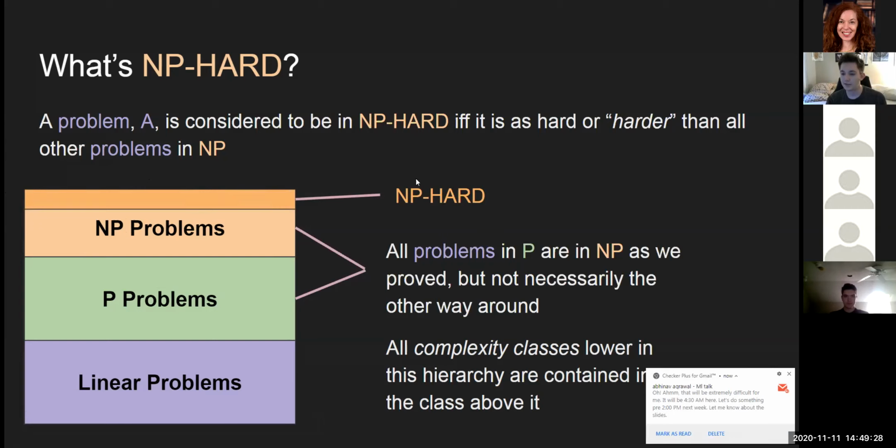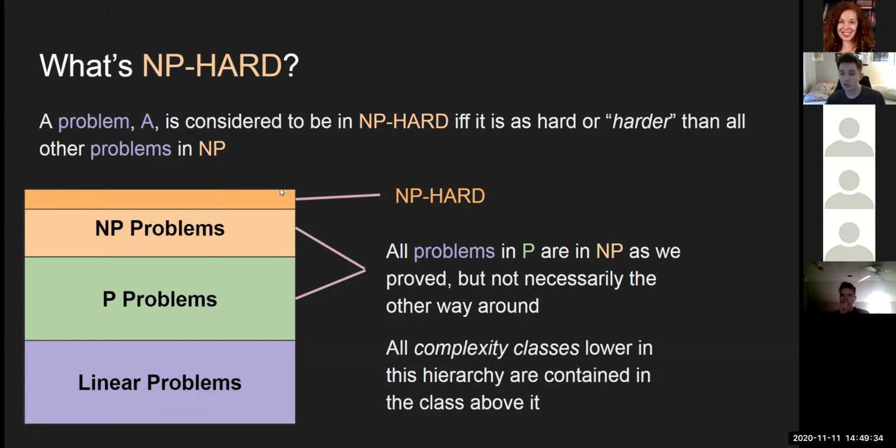That's a distinction that I didn't make very well, but I want to make now. NP hard problems just have to be harder than NP, and there's a classification for that. So basically everything in the hierarchy that is above NP, that includes some amount of NP, is considered NP hard.